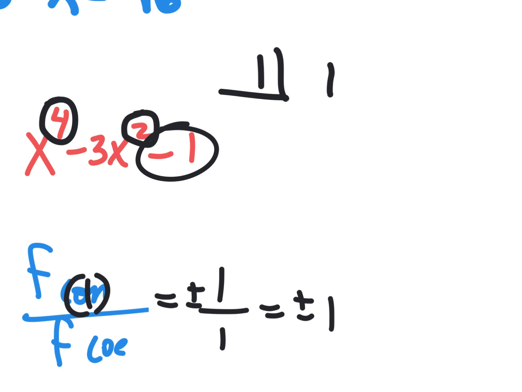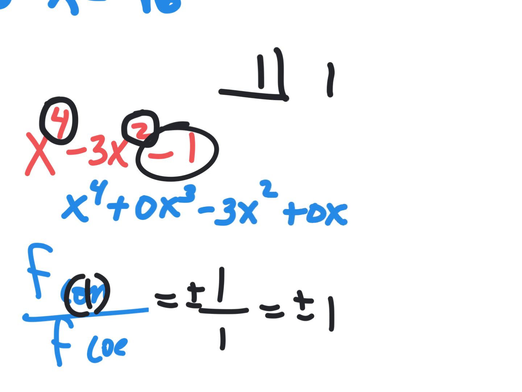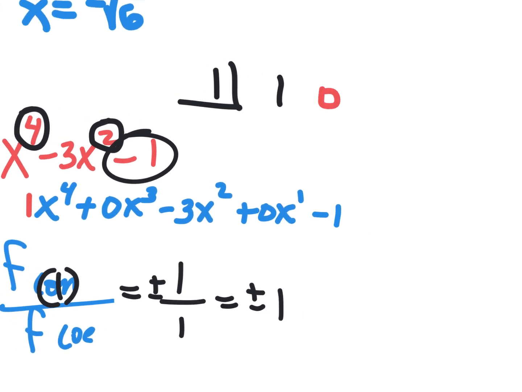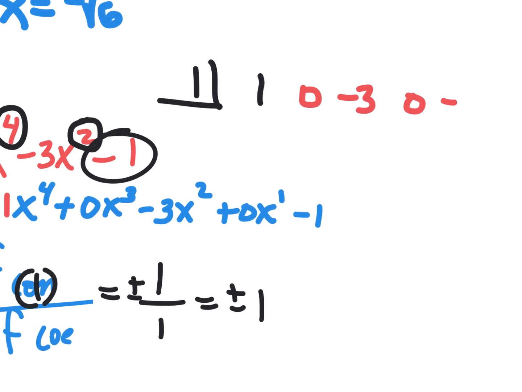So really, this should be written as x to the 4th plus 0x to the 3rd minus 3x squared plus 0x to the 1st minus 1. So that tells me what my synthetic should look like: 1, 0, -3, 0, and -1.